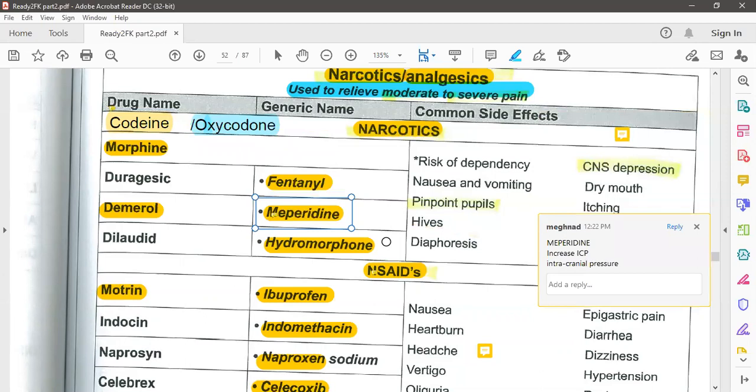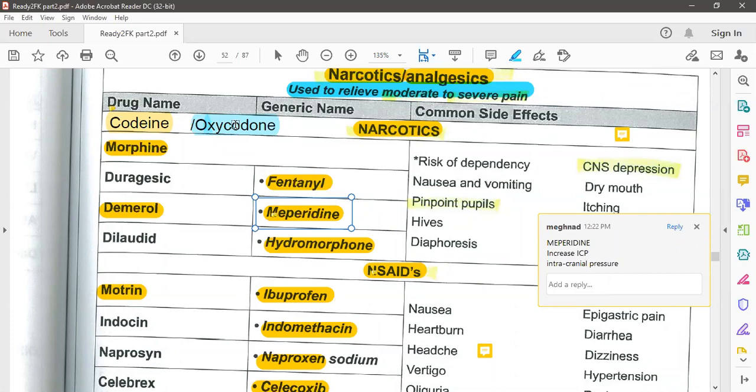Another medication we use here is called oxycodone. Oxycodone has acetaminophen in it. So acetaminophen and oxycodone properties are the same. So do not give it if the patient has an allergy to acetaminophen.